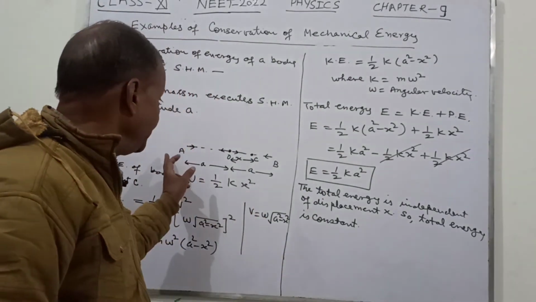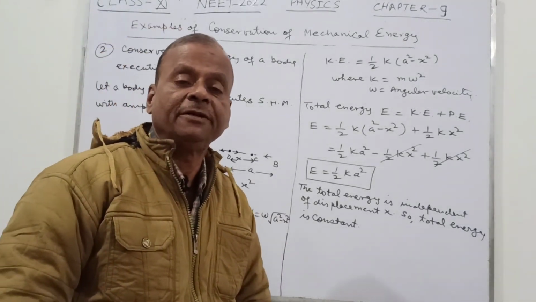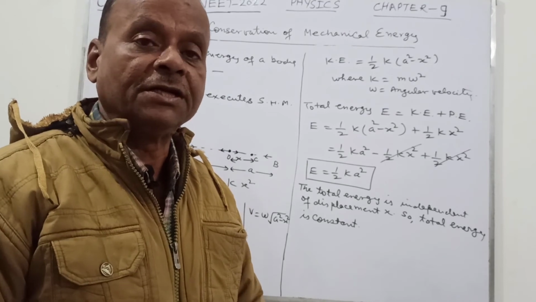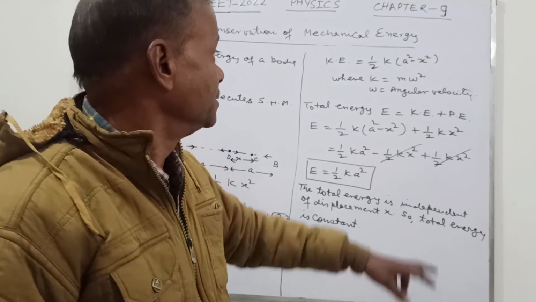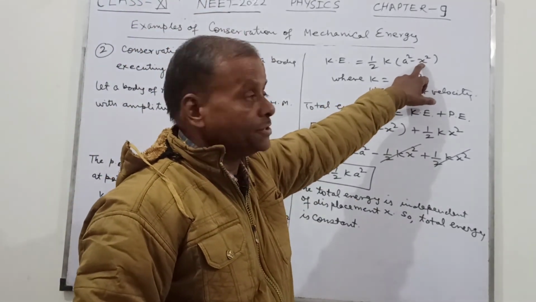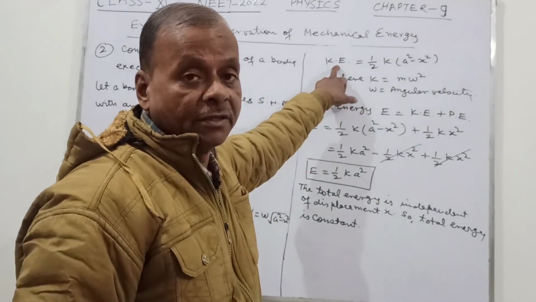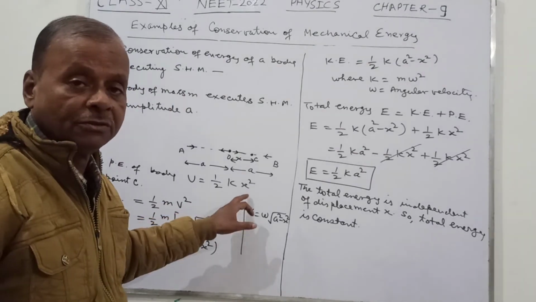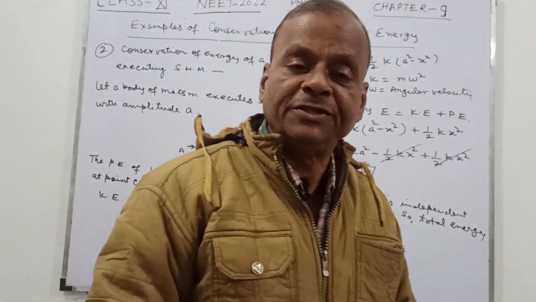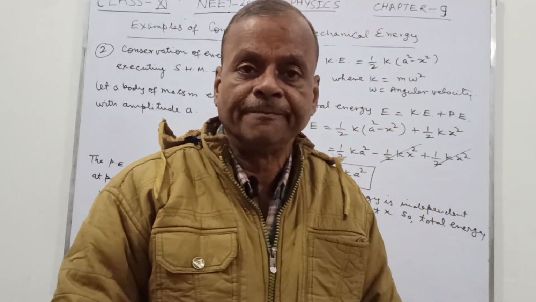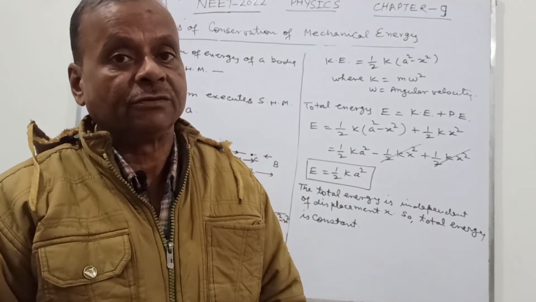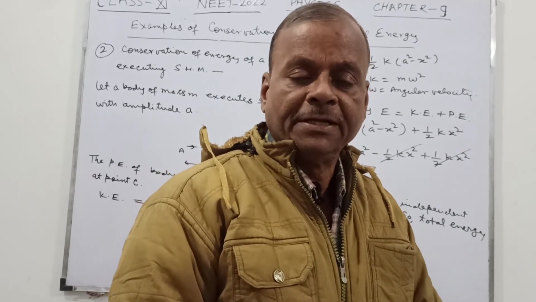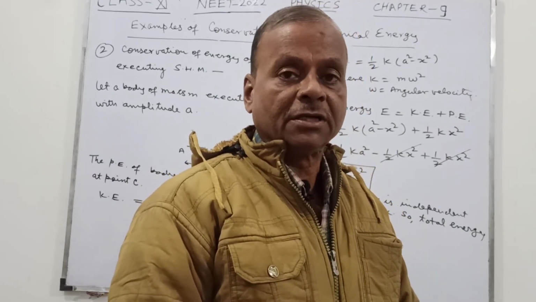When the particle is coming back towards the mean position, the kinetic energy increases because x decreases, and the potential energy decreases. So the sum of these two will remain the same. It shows that when the particle executes SHM, its total energy is always conserved.